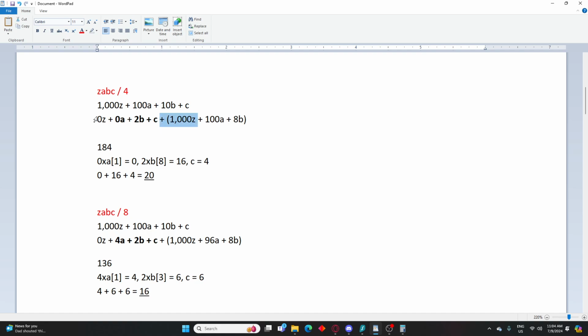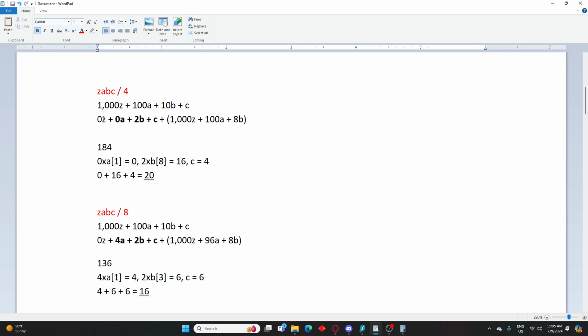So 1000Z plus 100A plus 8B plus 2B plus C. Now, why did we do this 2B plus C? Well, that's because we want this entire thing to be divisible by 4. And this entire thing right here is divisible by 4, indeed. This right here is divisible by 4 via 2, this one via 25, this one via 250. So we know that this entire thing is divisible by 4. That means only if this entire thing over here is divisible by 4, then we're good to go.